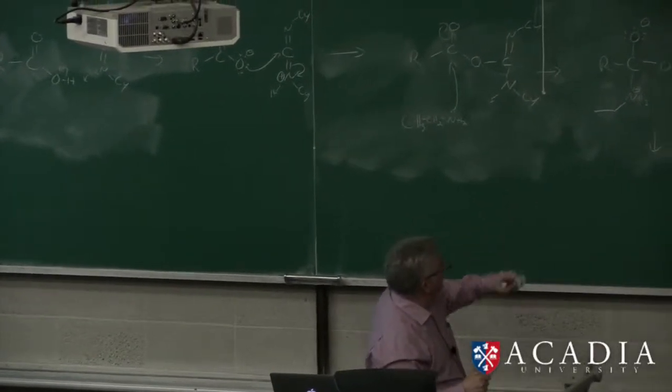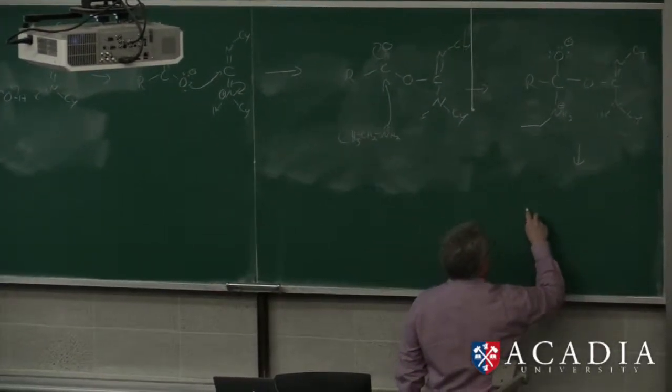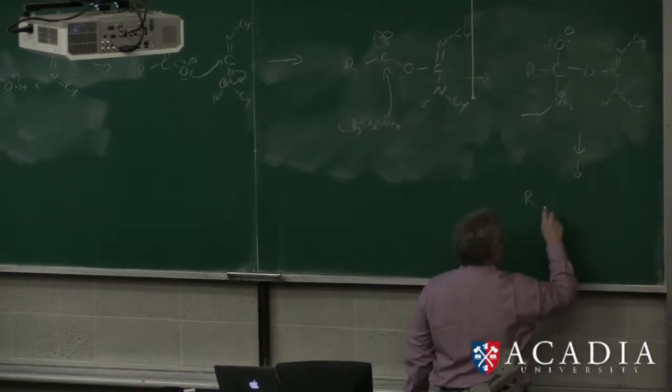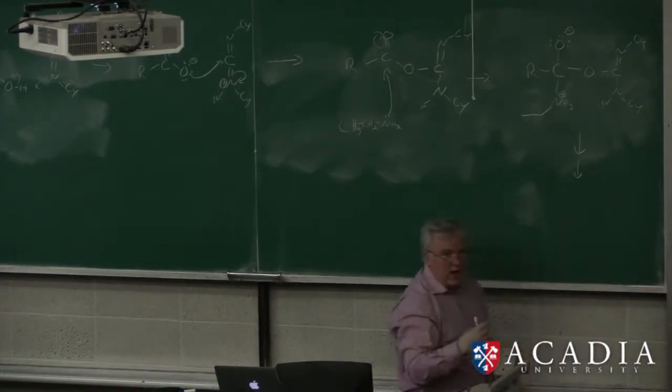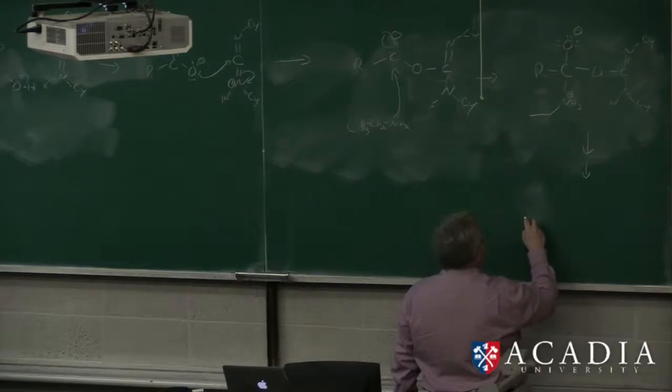We're now going to move this proton over to the nitrogen. And so I'll put two arrows just so that we're aware that it may or may not be intramolecular.